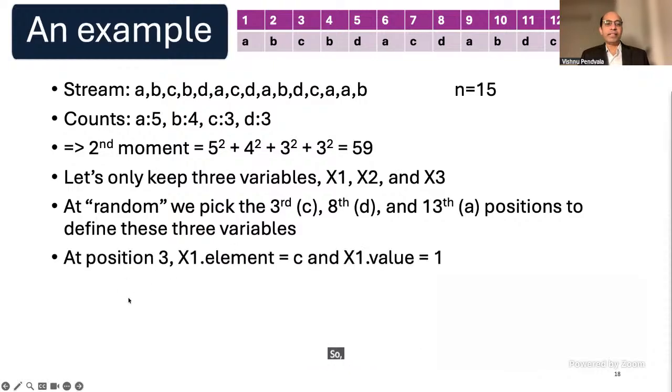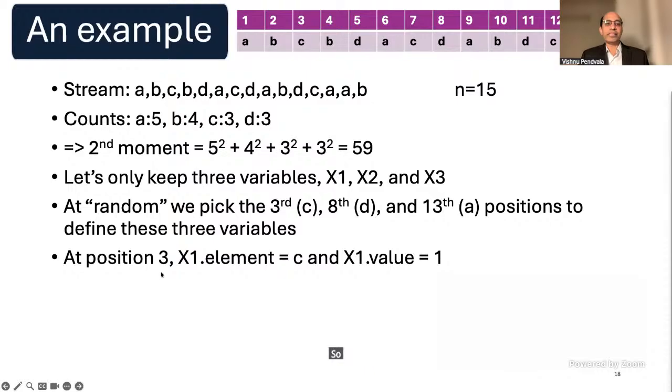So what does that mean? X1 dot element is equal to C. So at position 3, C is there. At position 8, which is randomly chosen, D is there. And at position 13, A is there. So these are the 3 elements we are going to keep track of.